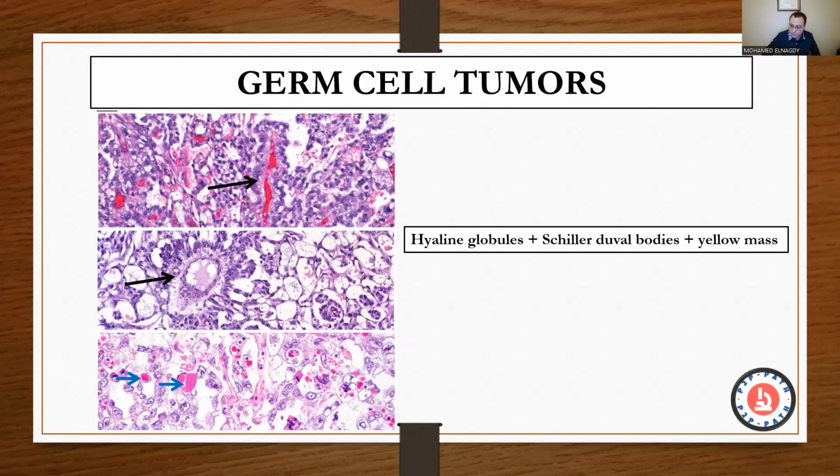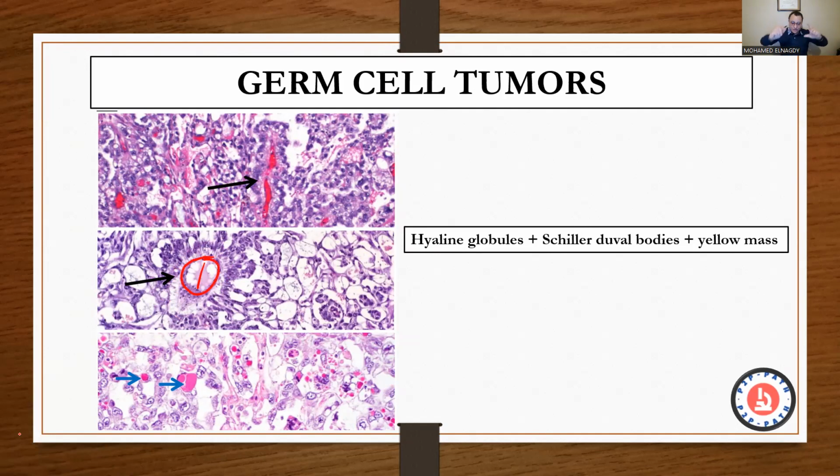So this tumor has these classic Schiller-Duval bodies, which are the cells arranged around a central hyaline eosinophilic area in, I always say, a sun-like appearance. It's as if you're seeing a sun.